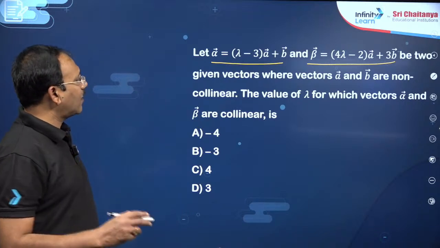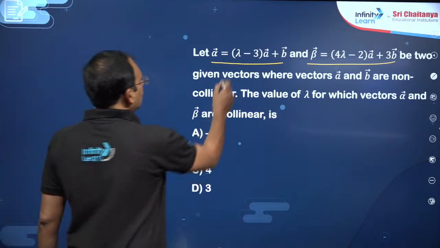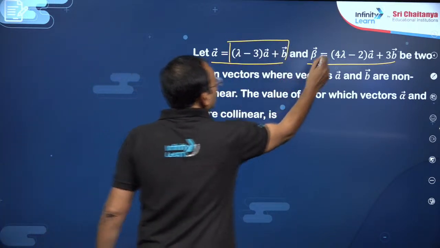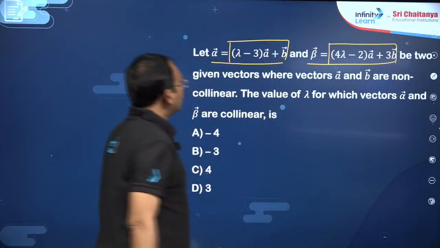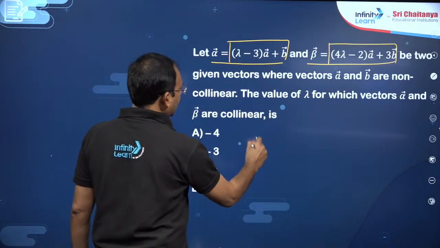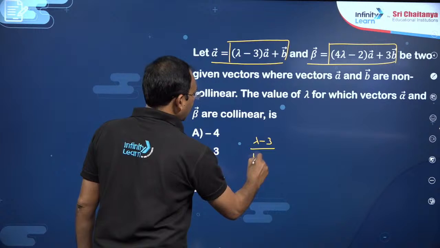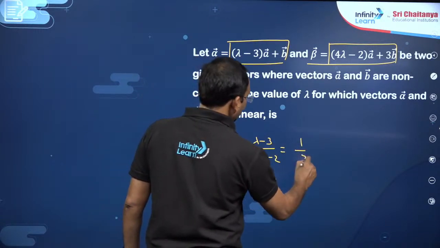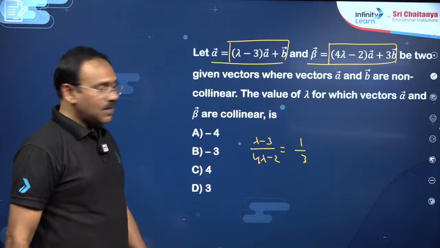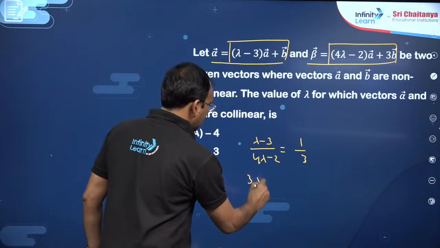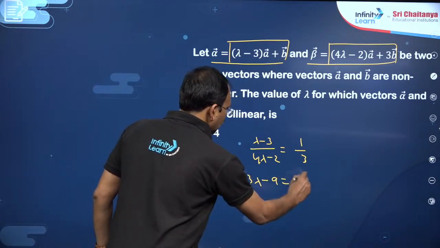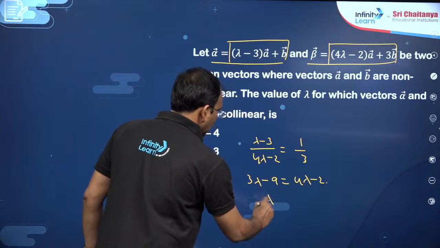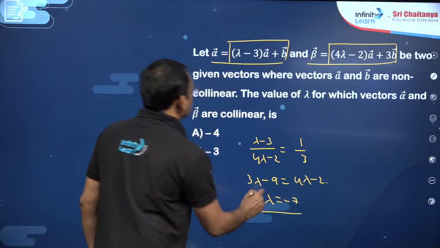Alpha bar, beta bar are collinear in the sense, these two must be in proportion, right? In proportion in the sense, you have to get lambda minus 3 by 4 lambda minus 2 is equal to 1 by 3, my dear friends. From this you can write 3 lambda minus 9 is equal to 4 lambda minus 2. Lambda is equal to minus 7.